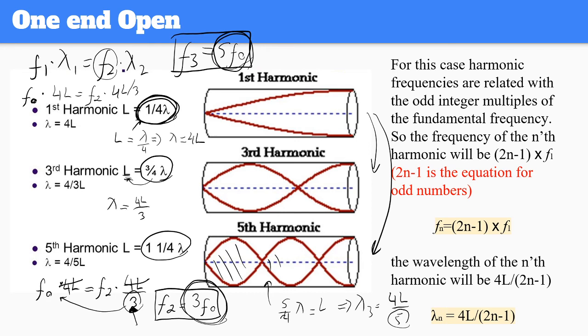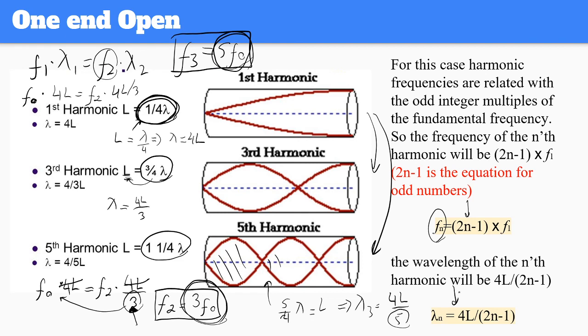So if you're going for the nth harmonic, the frequency of that nth harmonic is going to be 2n minus 1 times the fundamental. This is the equation for odd numbers in math. So you just plug in the number, and that's going to be the equation for you.